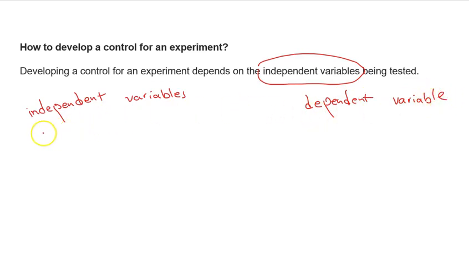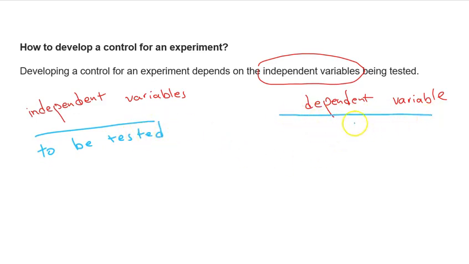The independent variable is the variable being tested. So it should be tested. And the dependent variable is the variable that is going to be measured. Or we can call the independent variable the cause and the dependent variable the effect.